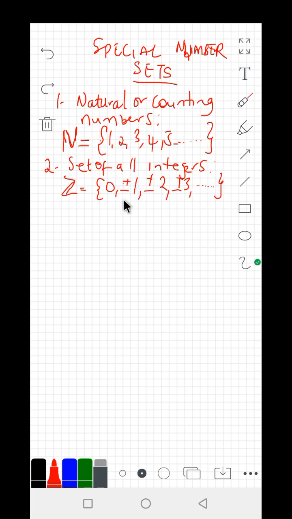This symbol stands for plus or minus. It means plus 1 is in this set and minus 1 is in this set.